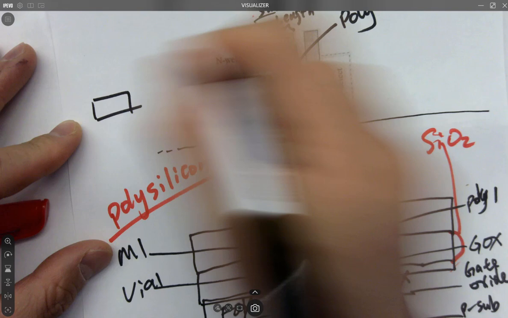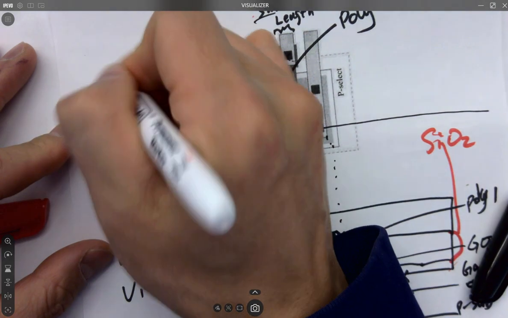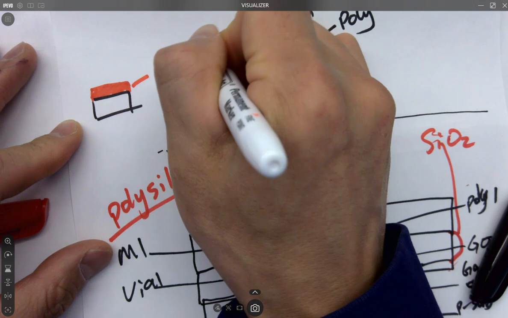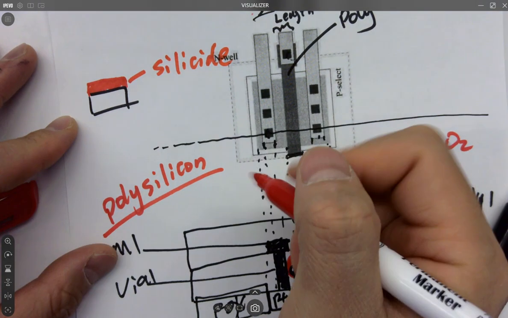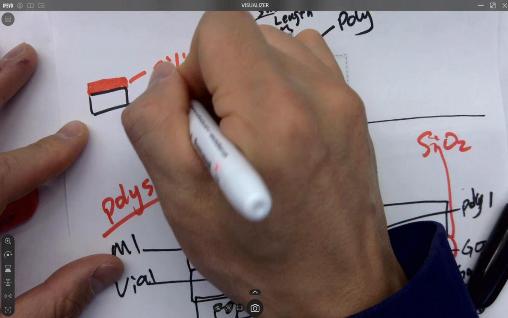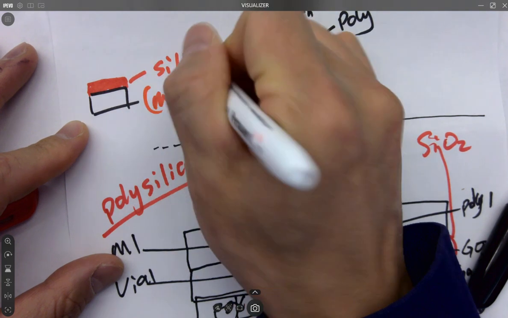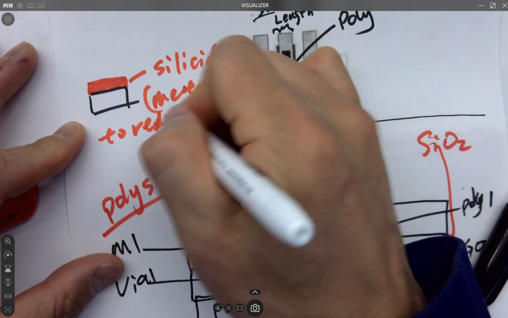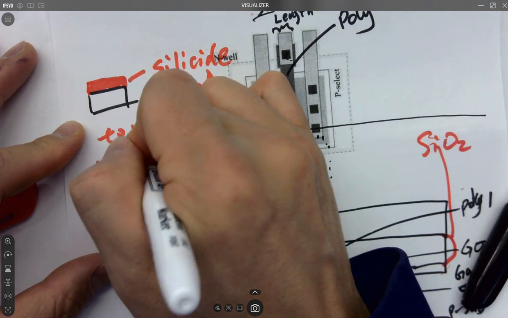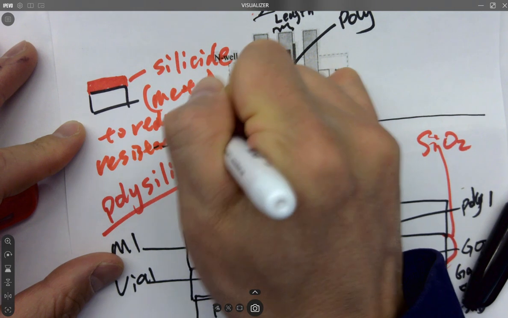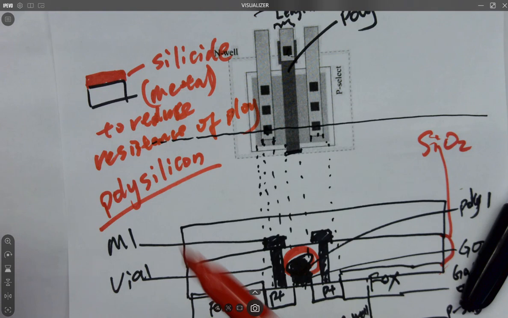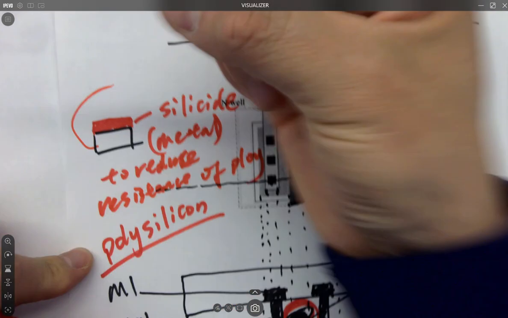Poly, for example, you deposit another layer on top of the poly, and this is called silicide. Metal, okay, it's the metal, to reduce resistance of poly. So here's a poly layer, for example.